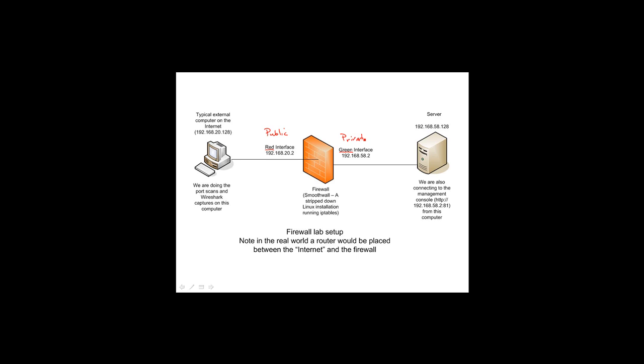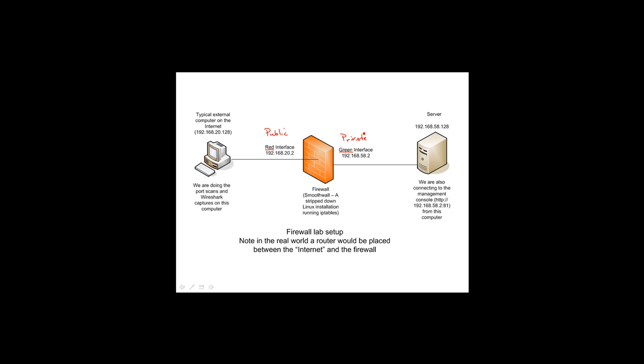Now, if you get the commercial product, we're using the free version. If you get the commercial product, you can get more than one interface. And I'm trying to remember the color. I want to say it's orange, or maybe purple, or maybe both.